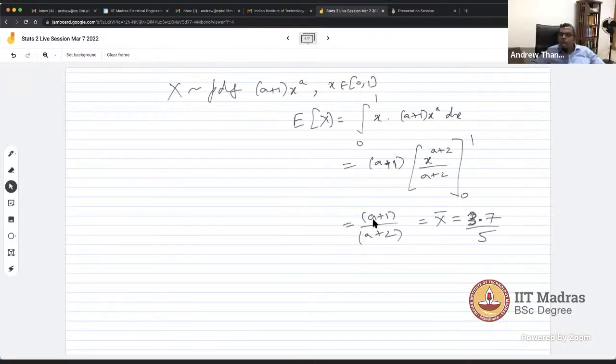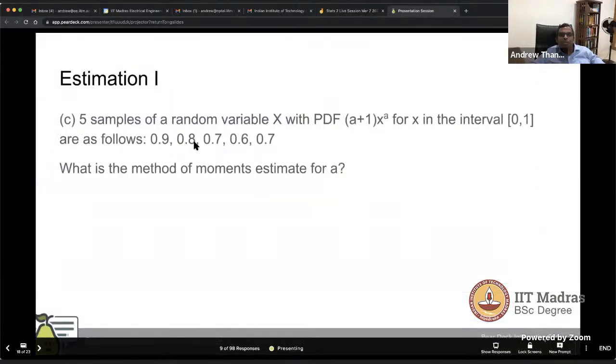Notice how as A increases, this expected value is going to go higher and higher, right? How did I get 3.7? 3.7 is just the sample mean sum of these. I added all these and got 3.7: 0.9 plus 0.8 plus 0.7 plus 0.6 plus 0.7.